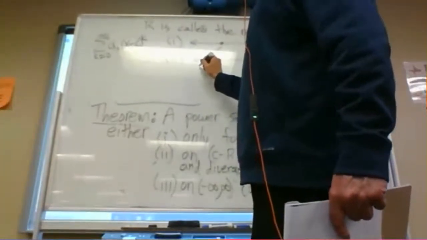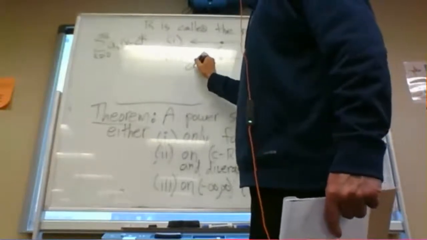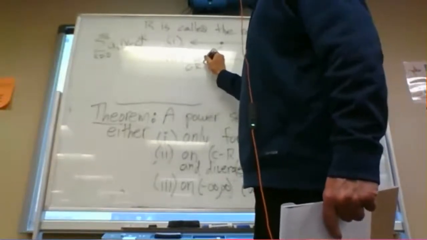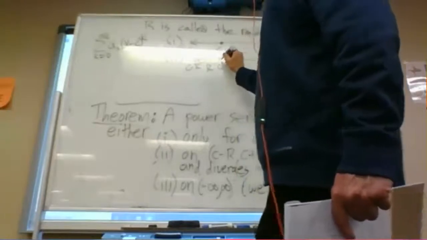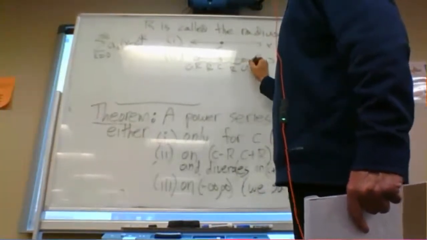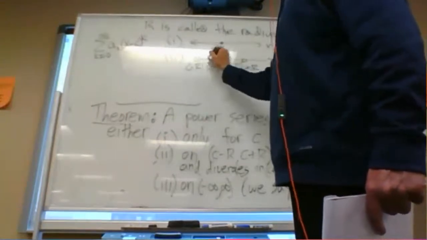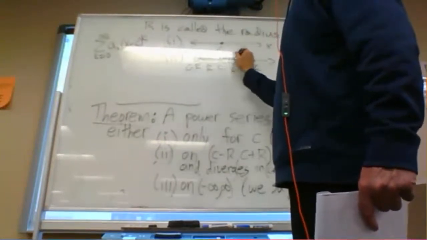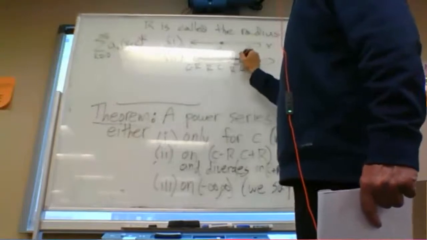The other possibility is that it converges at c and on an interval of width r to each side. So you go from c minus r, this distance r over to c, and then the same distance r to the other side to c plus r.